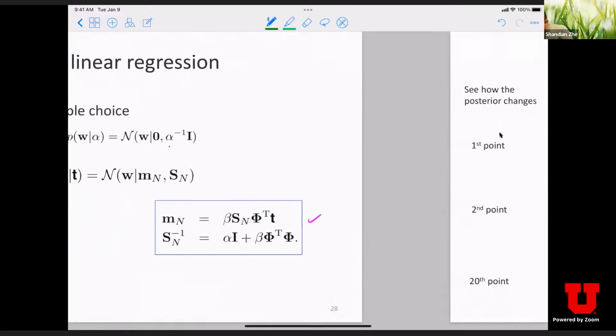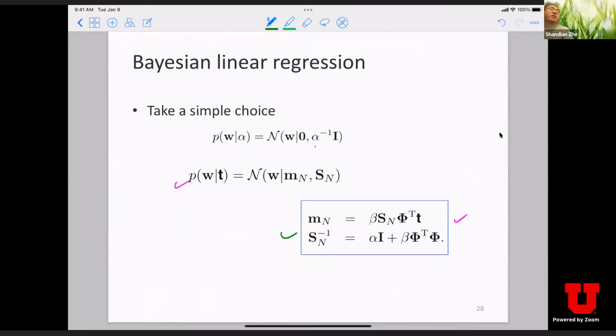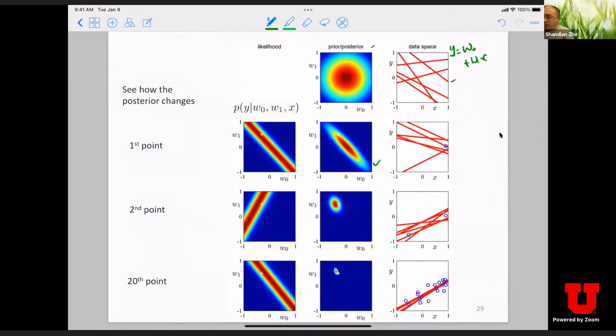Then we can apply the posterior form to compute the posterior distribution of W. Now we can see that the posterior changes a lot.